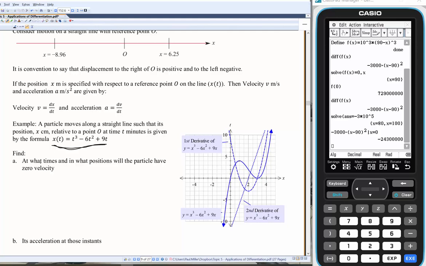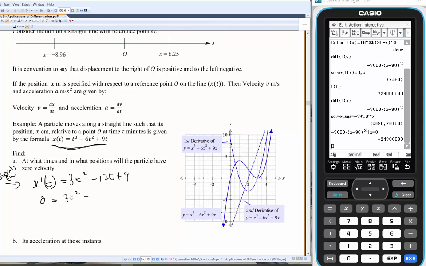So the first thing we wanted to know is what times and in what positions will the particle have zero velocity? Okay, so zero velocity means we get x dash t, 3t squared, take away 12t plus 9. And that's our velocity function. So x dash t is also our velocity function, and we want to know when you have zero velocity.